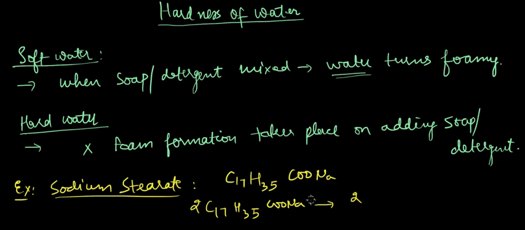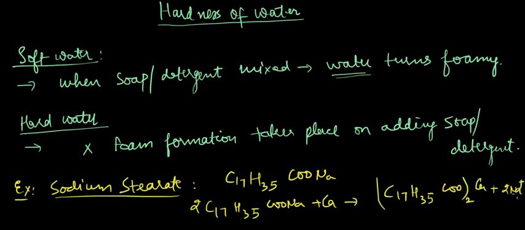On adding calcium, it undergoes a reaction, forming (C17H35 C double bond O O) whole twice Ca, where the 2 stearate groups are attached with calcium, plus 2 moles of Na plus is formed.